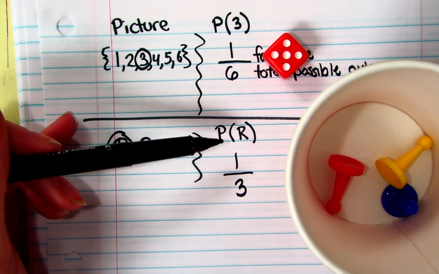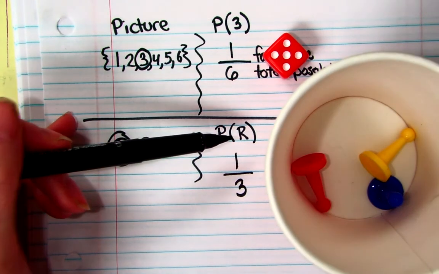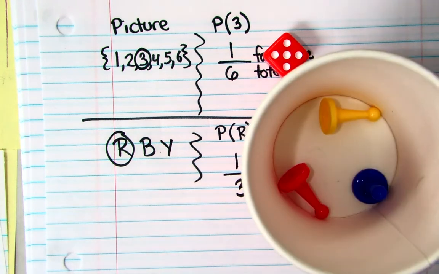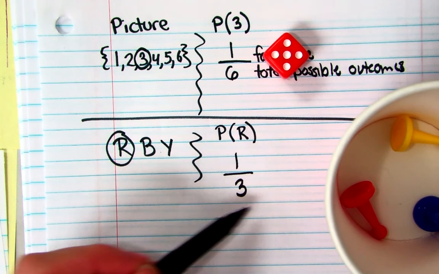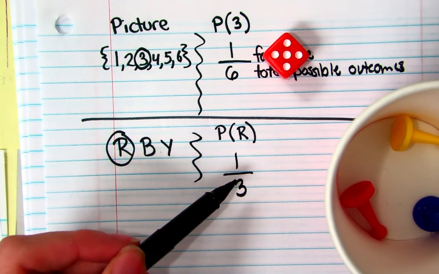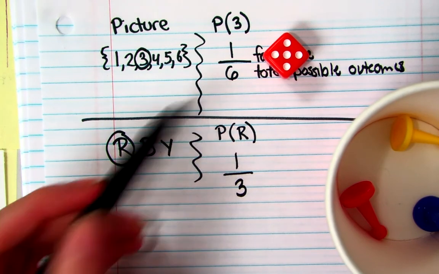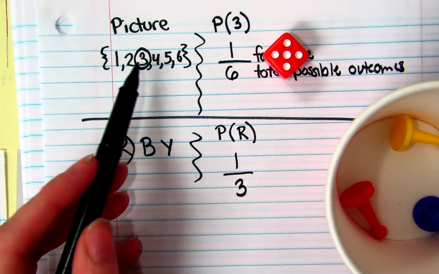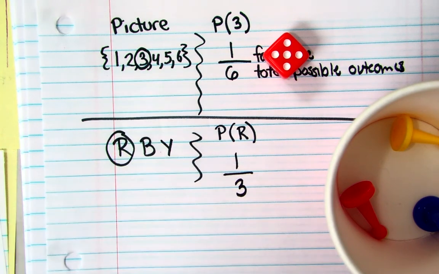Or you win $1 million if, let's say, you go with this game, you have to choose the red. Which game would you play? Hopefully, you are saying that you would choose the game piece, because that is a higher probability. It's a higher likelihood that you win than with this one. For this one, 1 out of 3 will give you the win. On this one, only 1 out of 6 will give you the win.